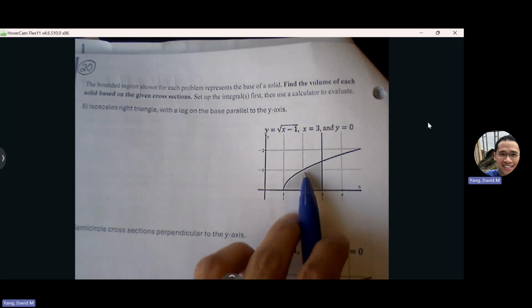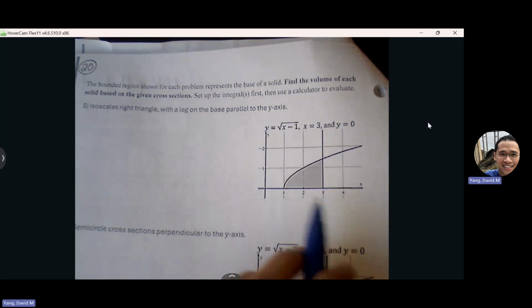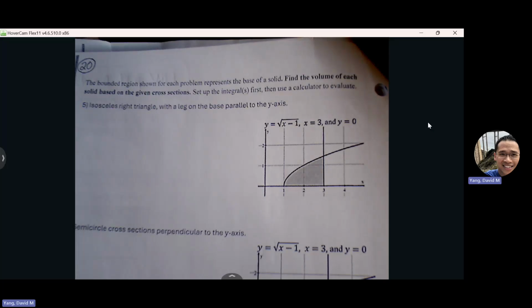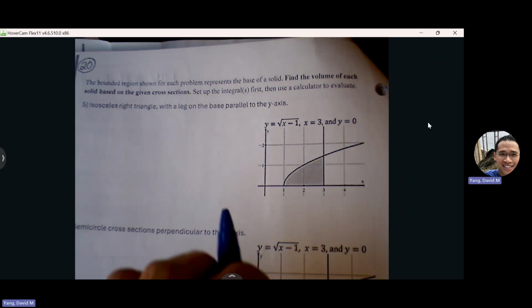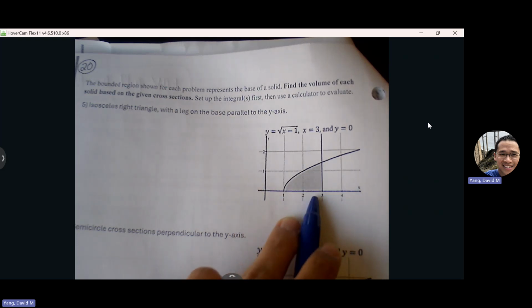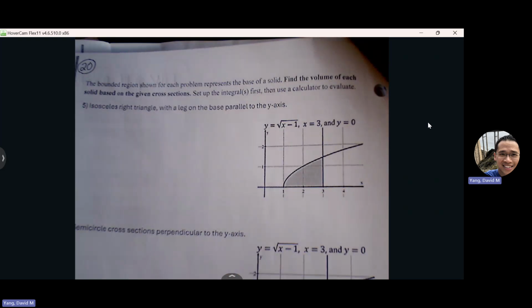Think of that shaded region as a flat surface on a piece of paper, and we're building different shapes that are going to come out of the page.